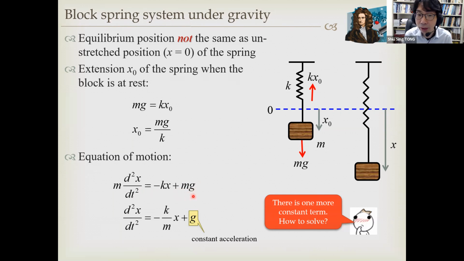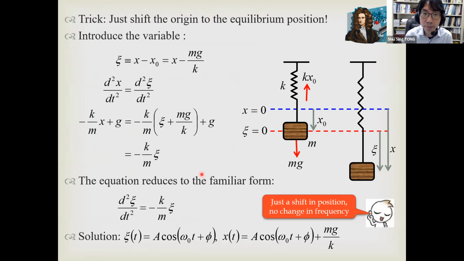It's identical, actually, without this term. Now we divide the whole equation by the mass m, and this becomes g, the constant acceleration, and this term is the same as before, minus k over m x. So we can rewrite the equation as follows.